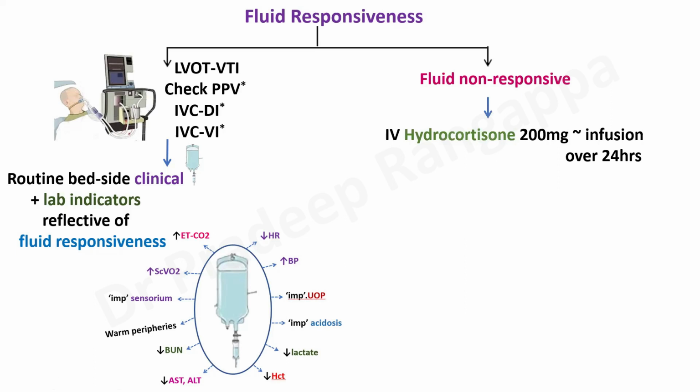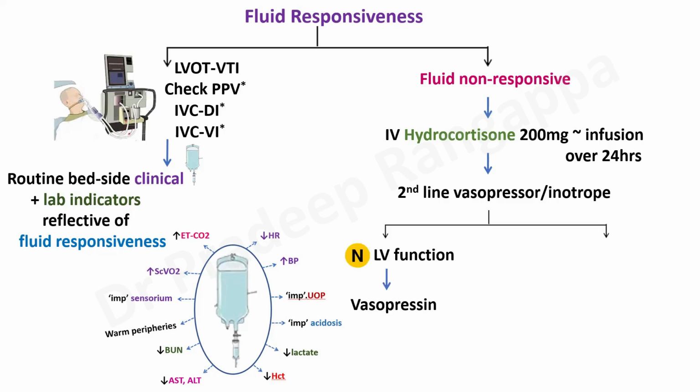So you would have started norepinephrine, and you have to consider starting septic dose steroids, IV hydrocortisone, 200 mg as an infusion over 24 hours. And then you may have to start considering a second line vasopressor, which is possibly vasopressin. And even after this, again assess LV function. If it is normal LV function, consider vasopressin.